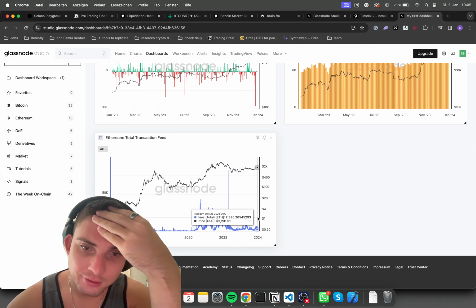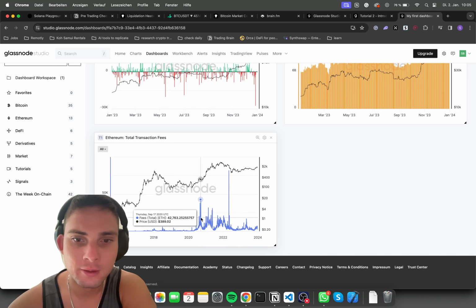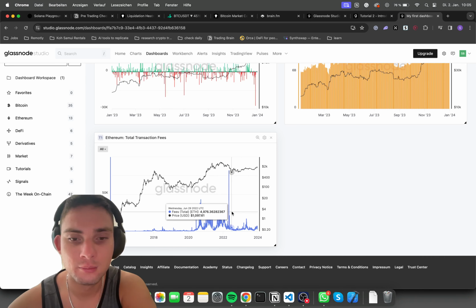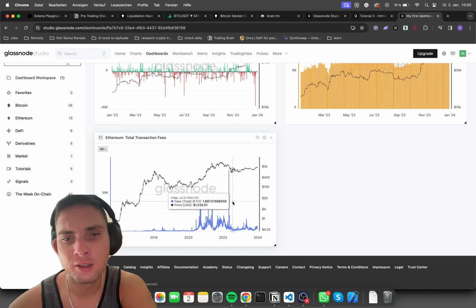Okay, fees are actually quite low in comparison. But when did we have the proof of stake change? I'm not quite sure. Proof of stake is 1, maybe 2 years ago, so somewhere in here, I think.